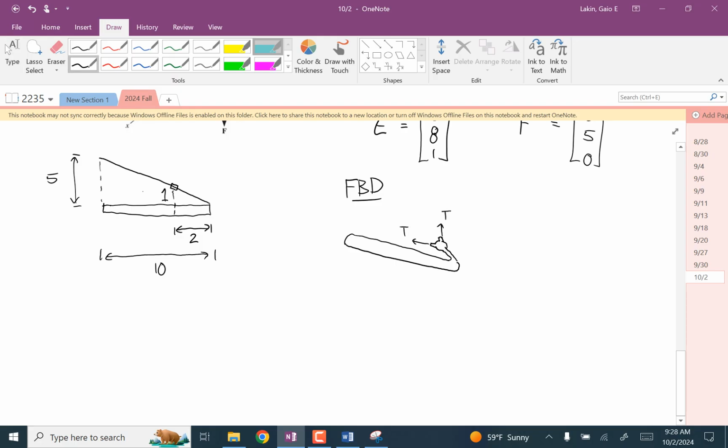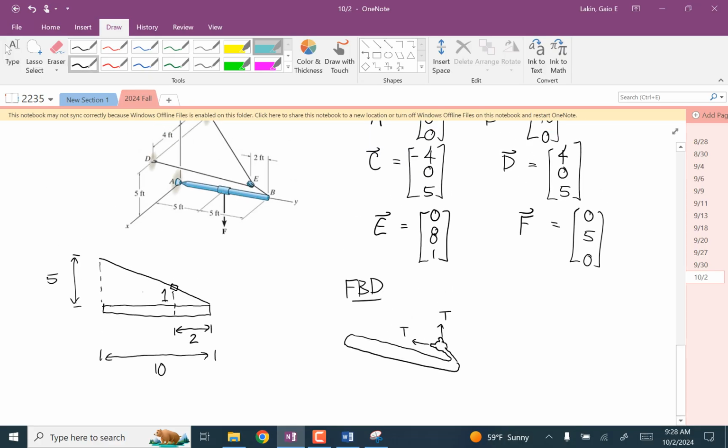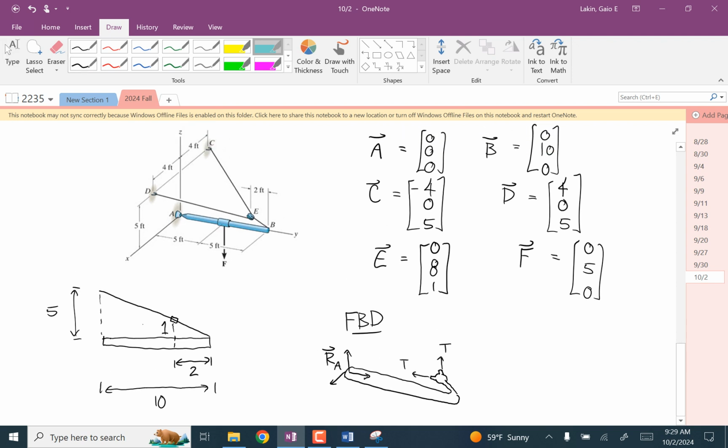I'll call both of these T. It's the same cable. We have a ball and socket joint here. Call that RA.